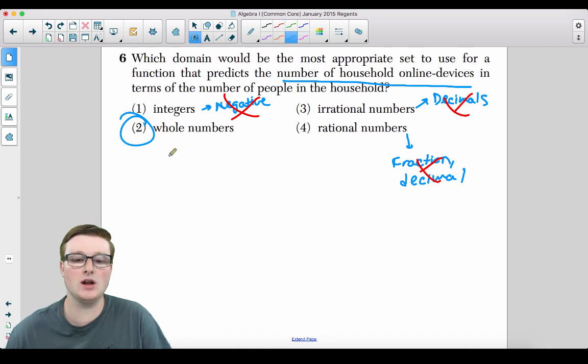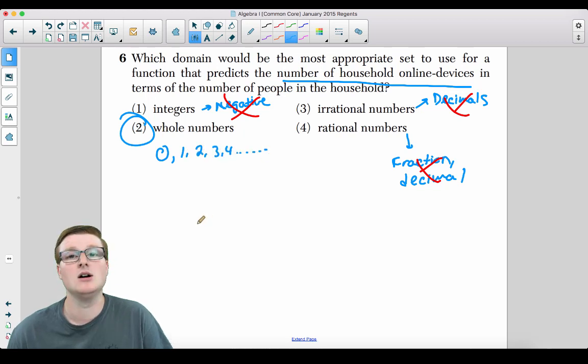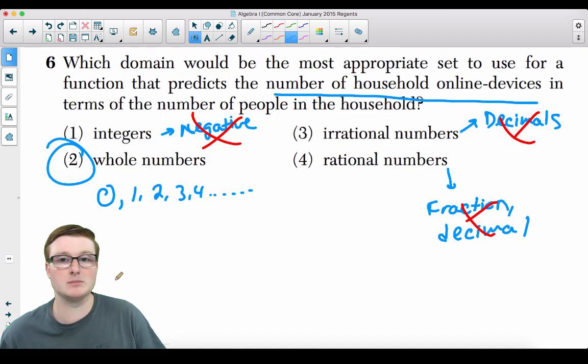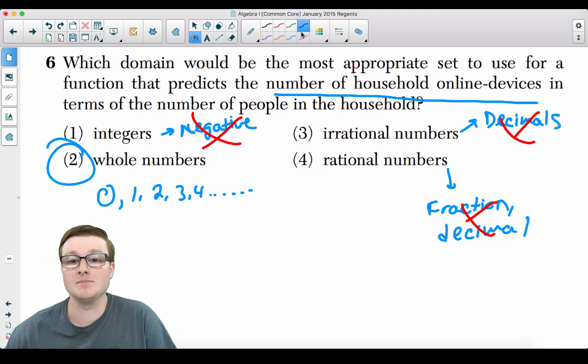So it has to be whole numbers. So for example, you could have no household online devices. You could have 0, or you could have 1, 2, 3, 4, and so on. All those whole numbers. So that would be the best answer for number 6. That is the most appropriate domain for those types of products.